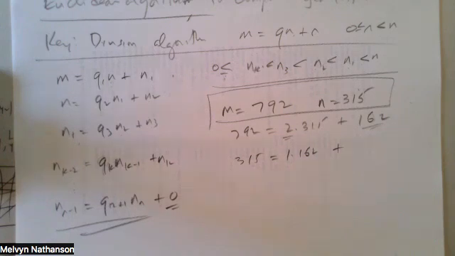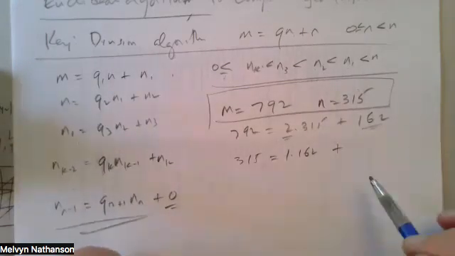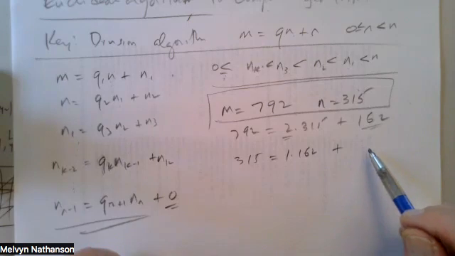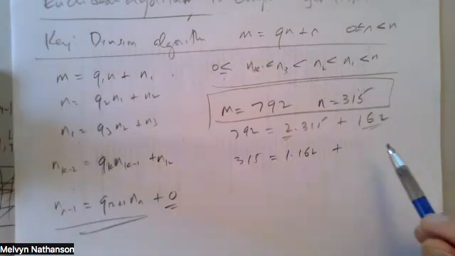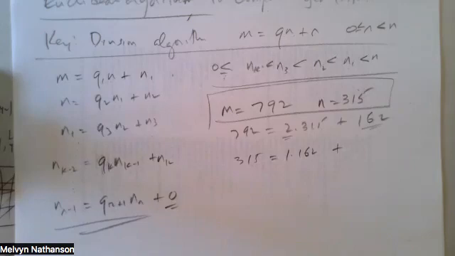No, a remainder. It's an integer. It's long division. Only whole numbers, and no fractions. If you divide 315 by 162, the quotient is 1, and what is the remainder?